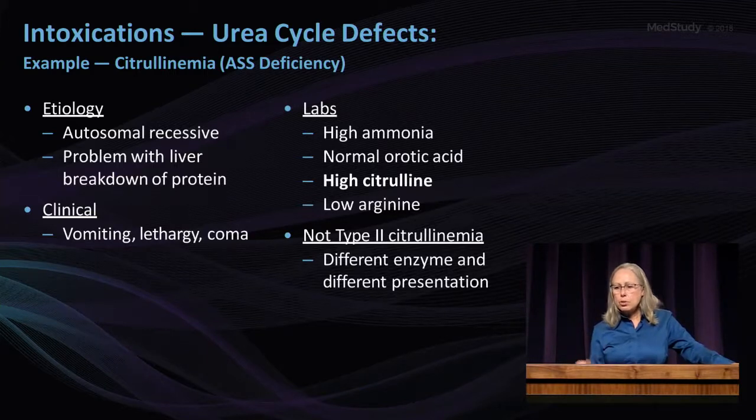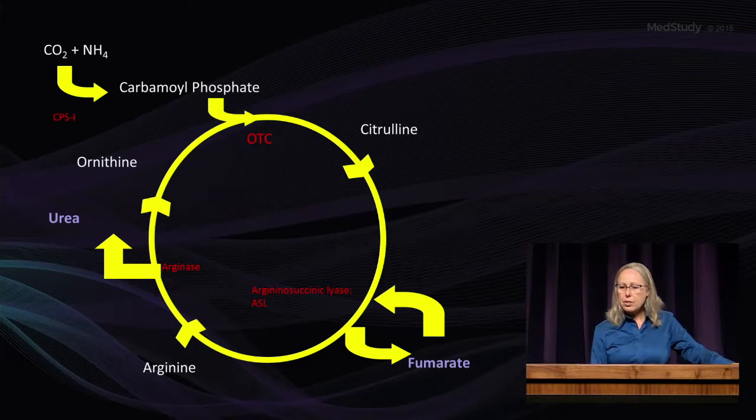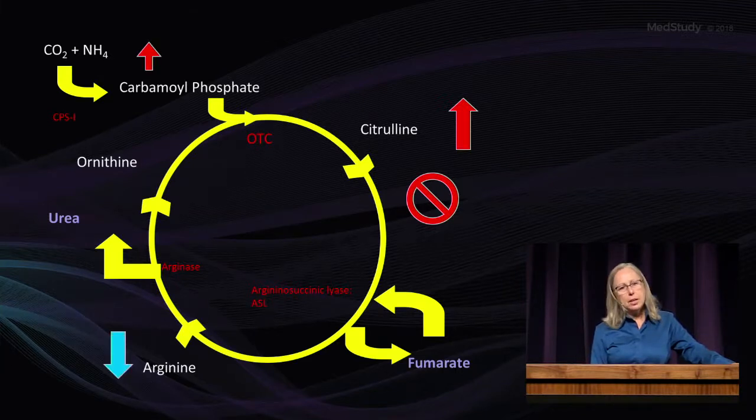This is not type 2 citrullinemia. It's a different enzyme and a different presentation. All right, so here's citrulline. We take away that enzyme. Citrulline goes up, and ammonia goes up, and arginine goes down. So up to this point, both the citrulline and arginine have been down. Now the citrulline has gone up.